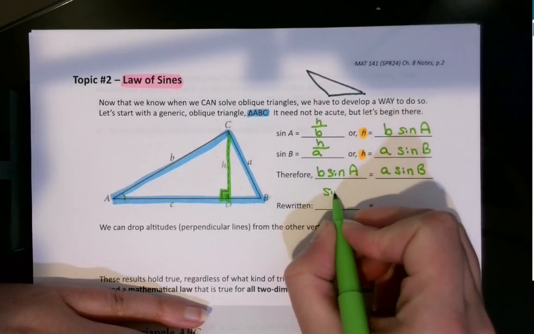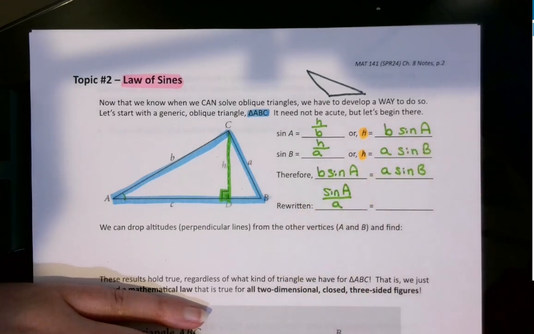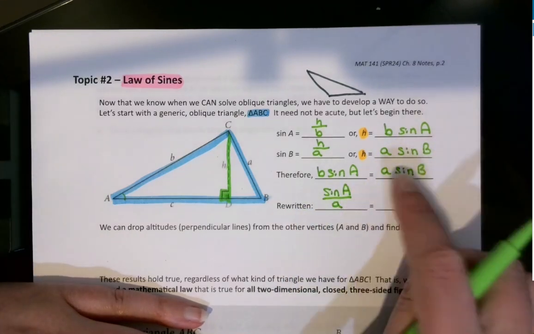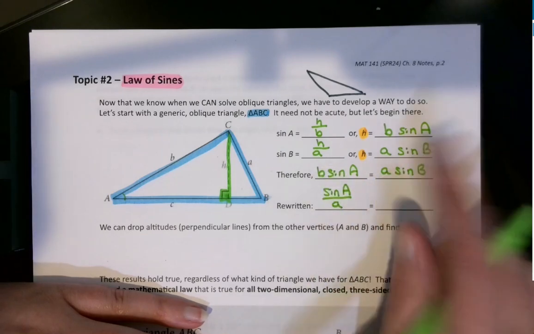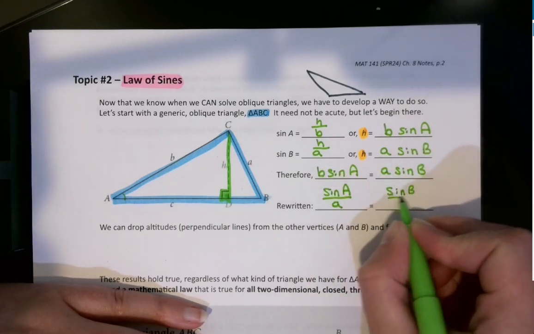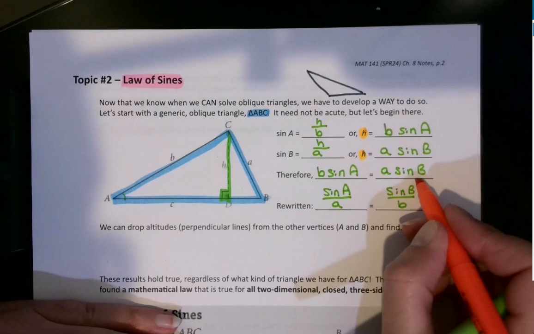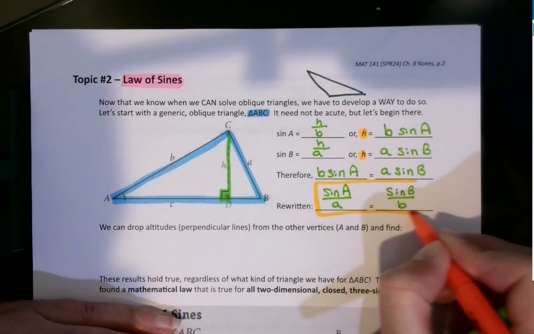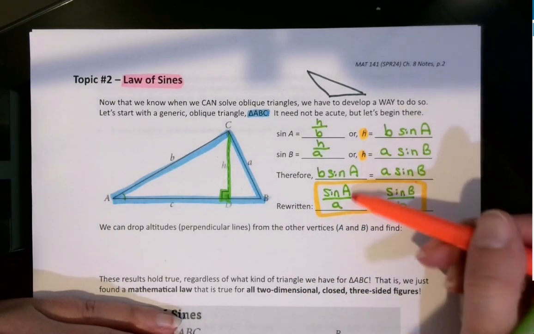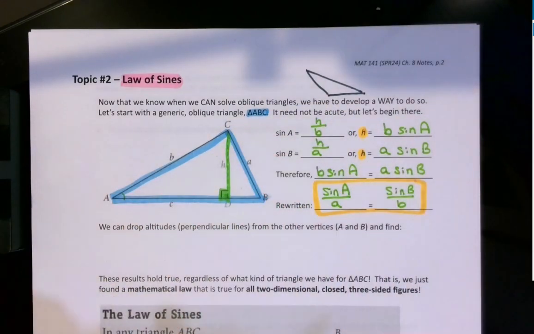So rewritten, that's going to look like sine of A over side A, dividing both sides by A and dividing both sides by B, sine B over side B. Okay. The reason for that rewrite is it makes a ratio of the sine of an angle to its opposite side.